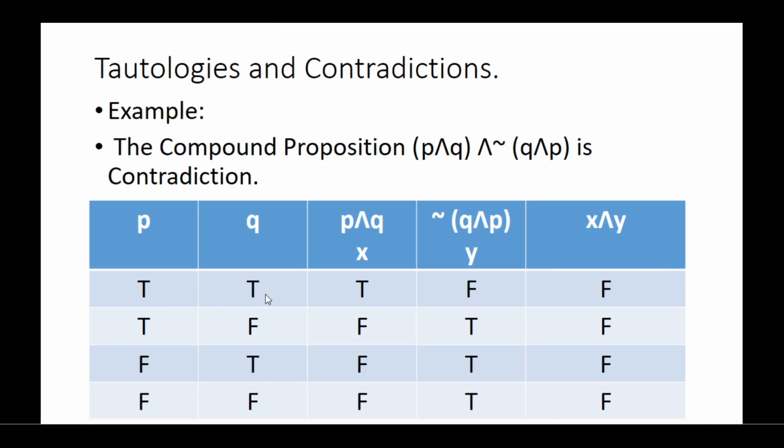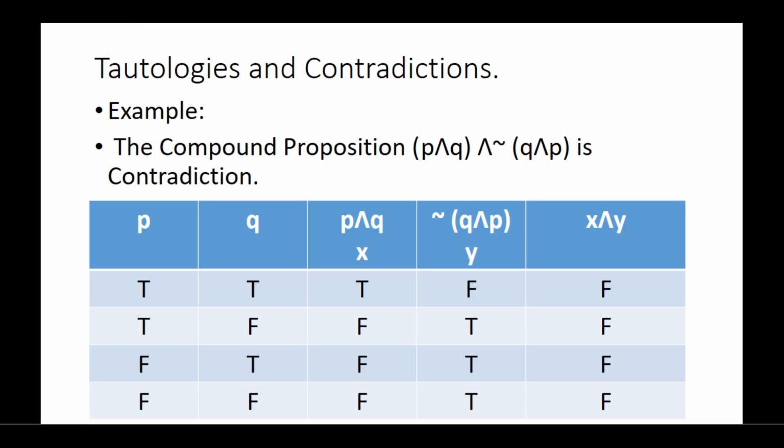So P is true, Q is true, and this is conjunction. The conjunction of P and Q is true. Its negation is false. Then X and Y is a conjunction. One is true, one is false. Therefore, it is a false statement.